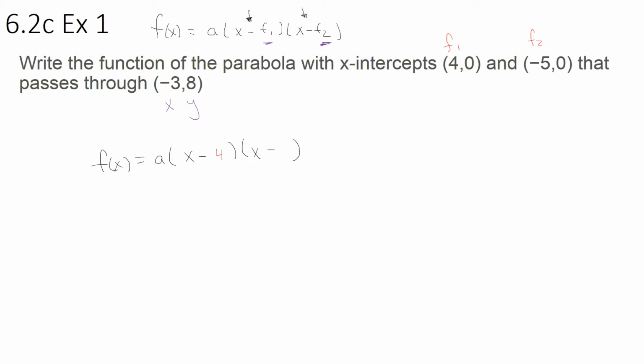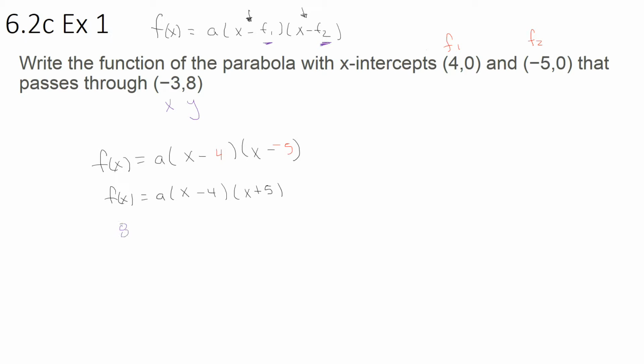4, negative 5 over here. Okay, so I'm just going to simplify any double negatives that I have. F of x is equal to a times x minus 4 times x plus 5. Okay, so now I'm going to substitute my values for x and y.